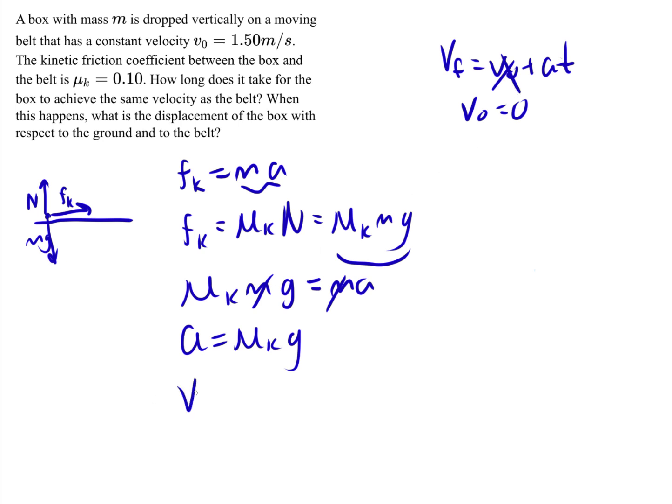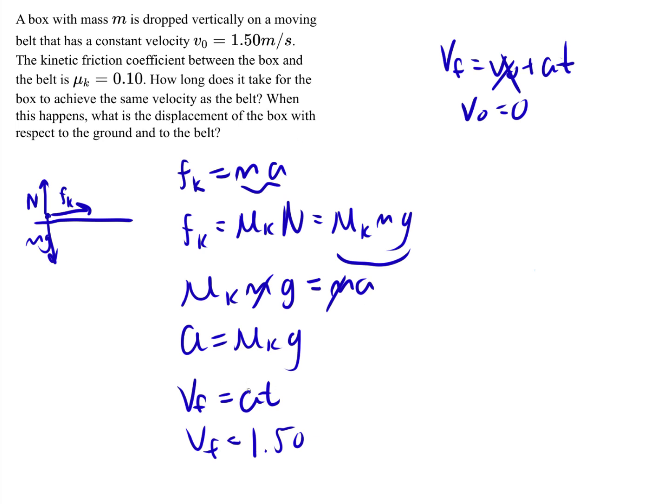The final velocity is equal to the acceleration times the time. It's asking how long it takes for the box to achieve the same velocity as the belt, so the final velocity must be the velocity of the belt, or 1.5 meters per second.